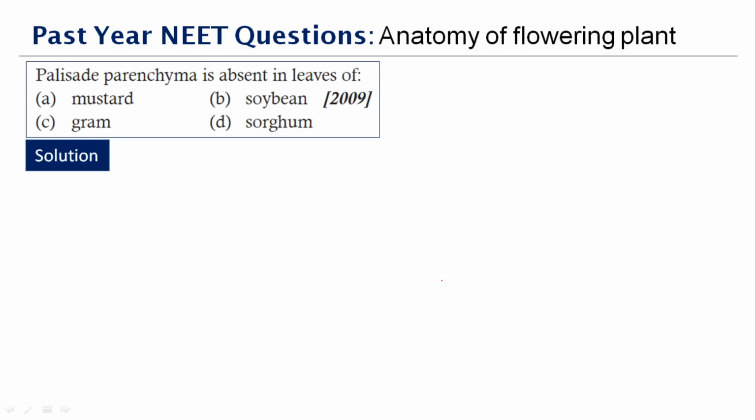Sorghum is a genus of flowering plants in the grass family Poaceae. 17 of the 25 species are native to Australia, with a range extending to Africa, Asia and other countries. What you have to know here is that it's a flowering plant. That much is more than enough.